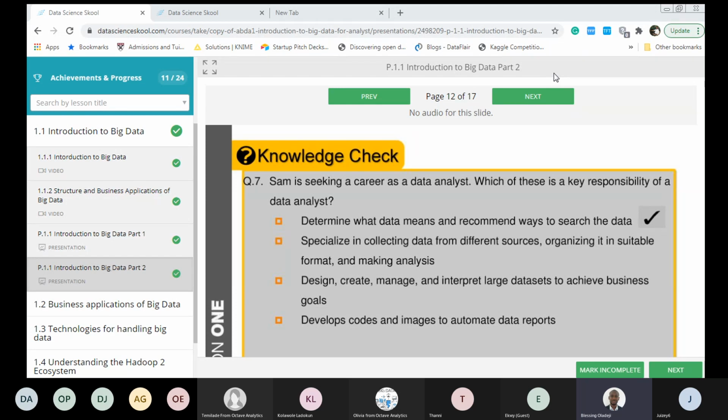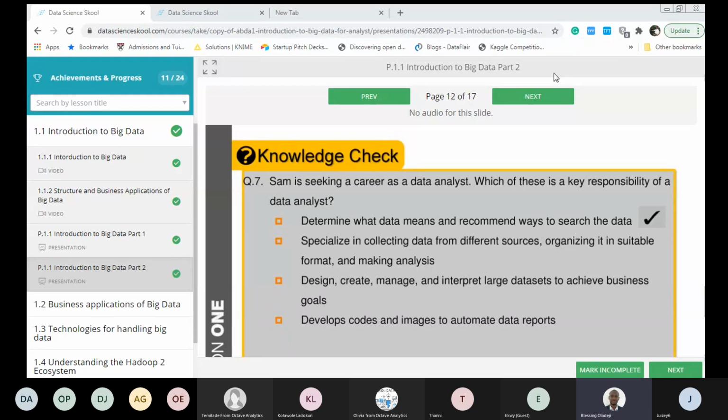So it's the data engineers whose job would take towards the design, creating and managing of large data sets in order to achieve some data goals. That looks more like what the data engineers would do. They don't interpret it.